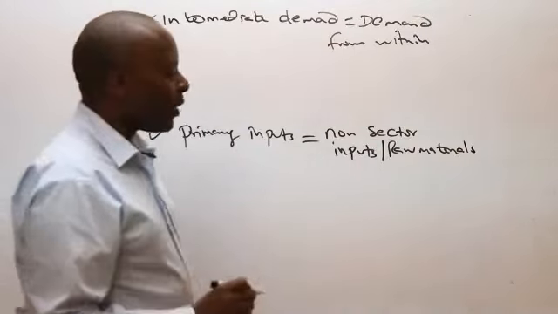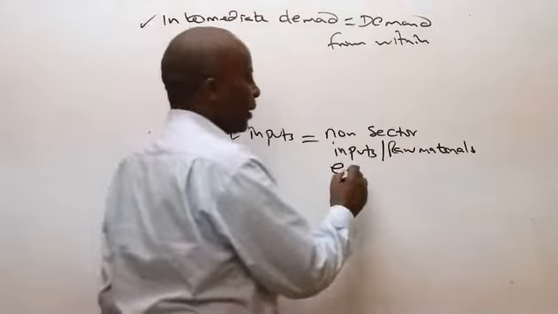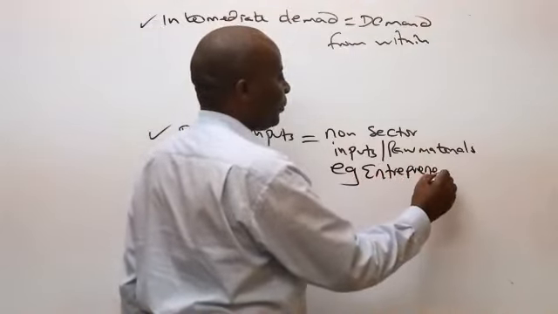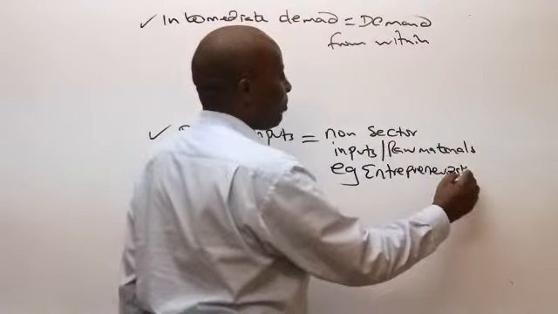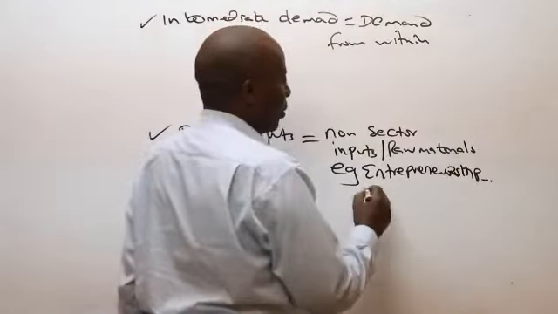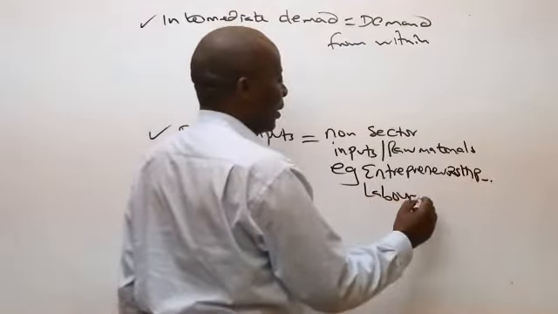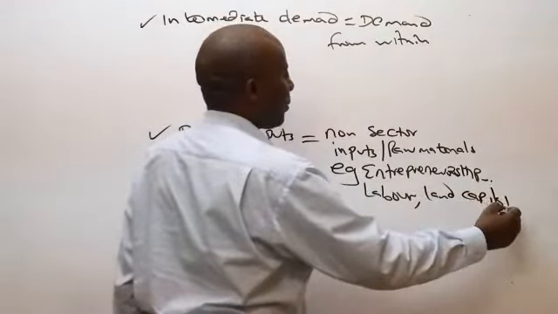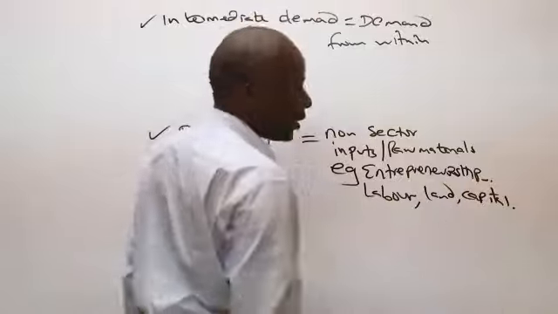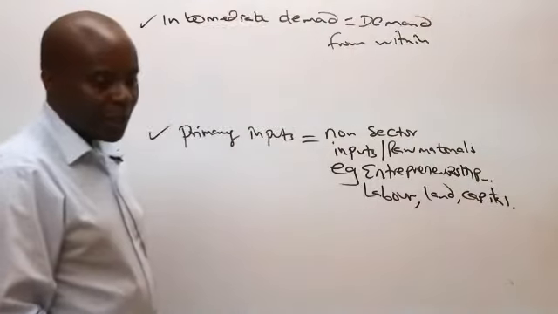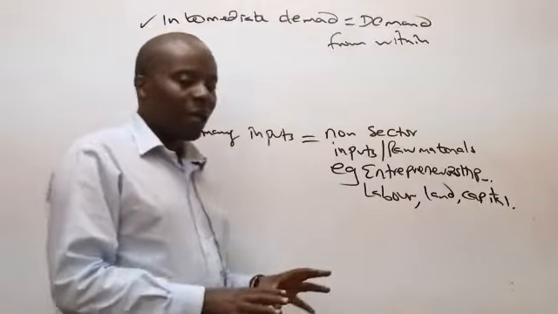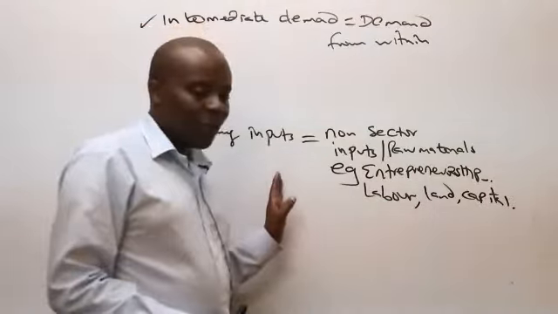A very good example will be entrepreneurship. We have labor. We have land. We have capital. There is no sector that produces these things. So we lump them together under what we call the primary inputs.